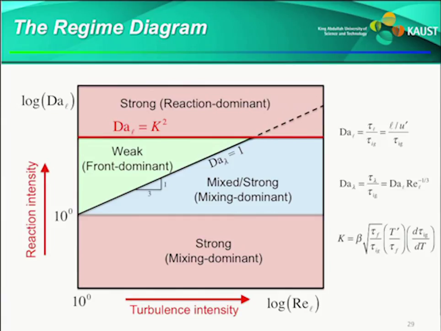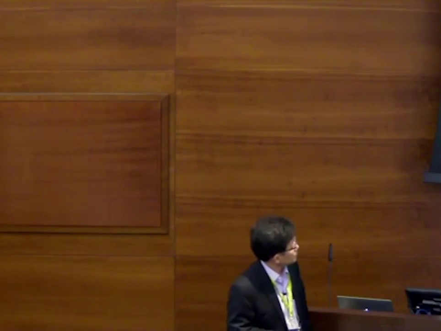There's a slanted curve based on the Taylor microscale argument, with one third of the slope. Weak ignition, front dominant, pre-ignition phenomena can be happening within this green triangle. Unfortunately, this K-squared curve moves up and down. I couldn't figure out what to do with that, but this is just a result of making a three-dimensional plot into a two-dimensional plane.